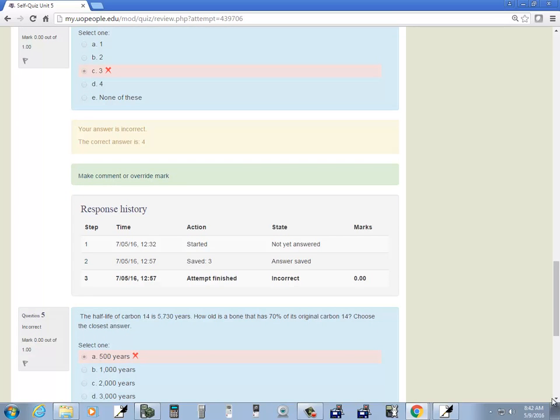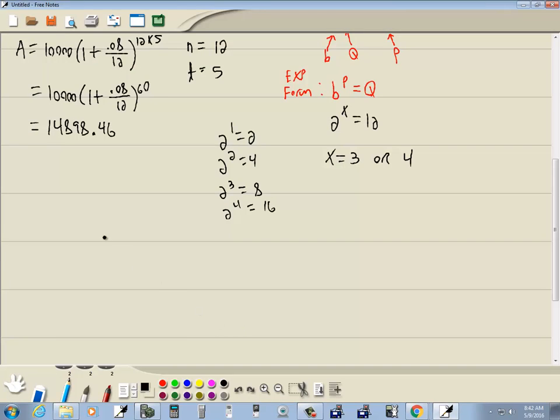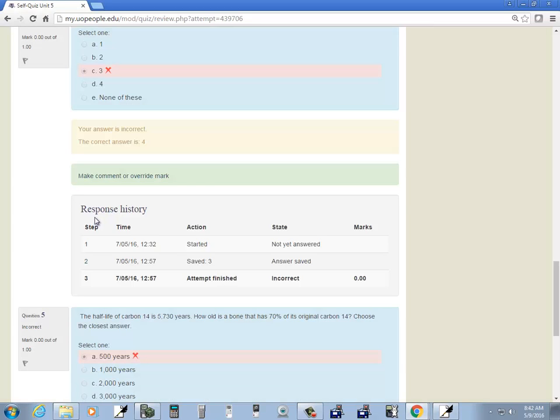Half-life of carbon-14 is 5,730 years. How old is a bone that has 70% of its original carbon-14, which is the correct answer? Let's see if I can remember the formula for this. 70% of its original carbon-14.